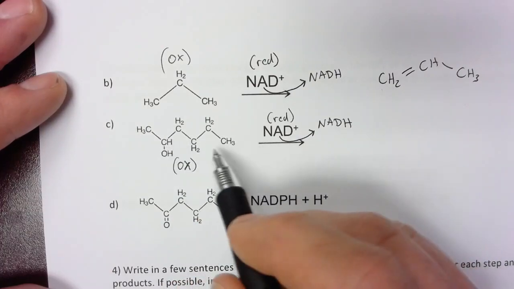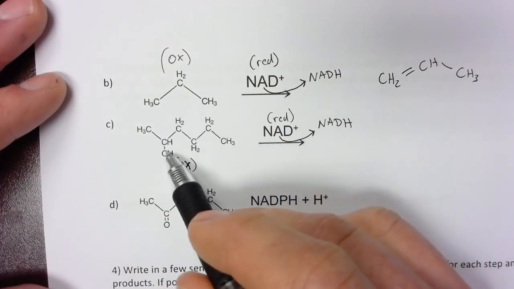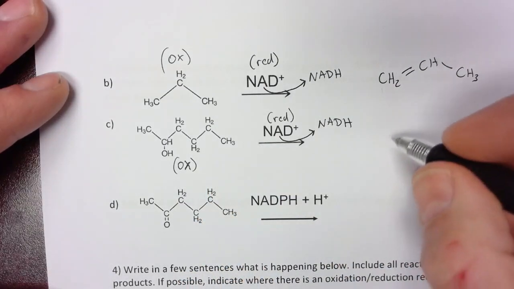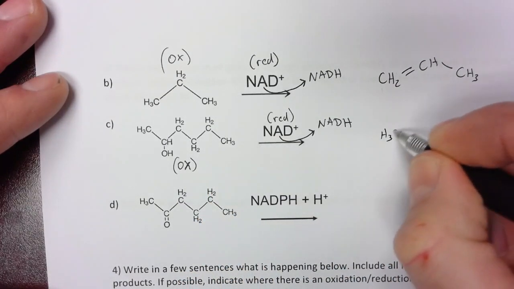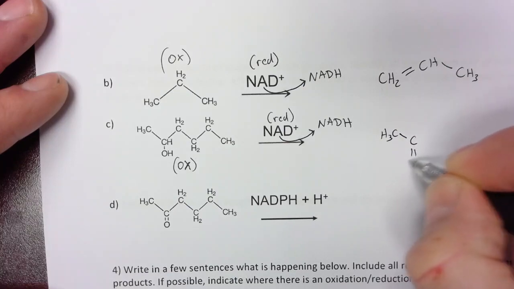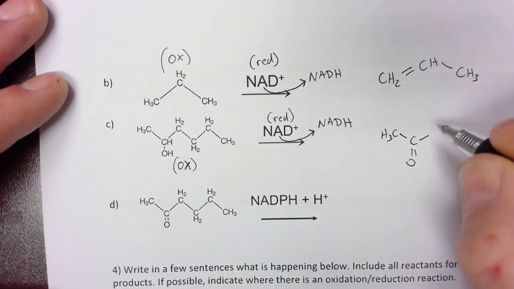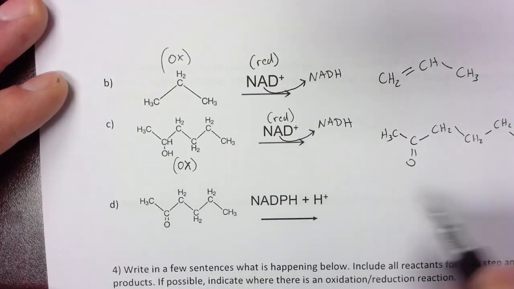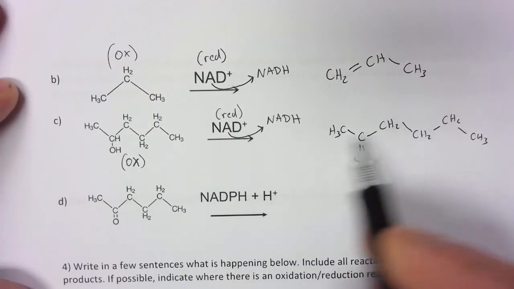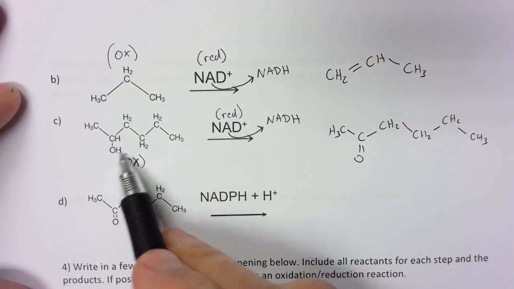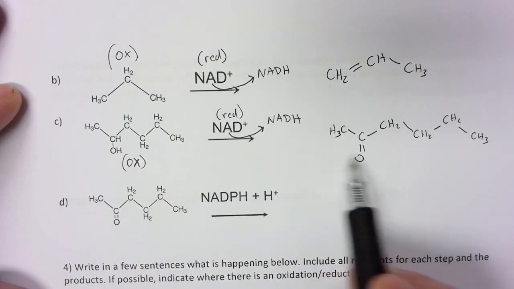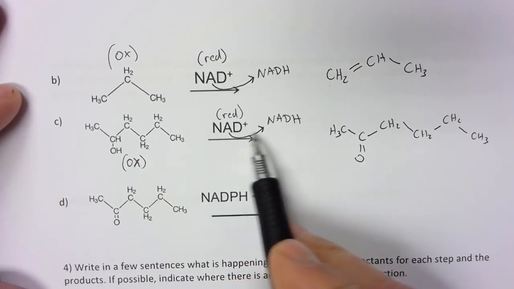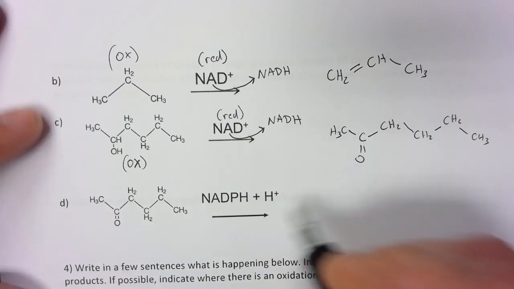But in general, if NAD+ is involved and there's an alcohol, that's what's going to be getting oxidized. And so it will be oxidized to a ketone in this case. And I'll draw the rest of the product like so. So the alcohol was oxidized to a ketone, and NAD+ was reduced to NADH.